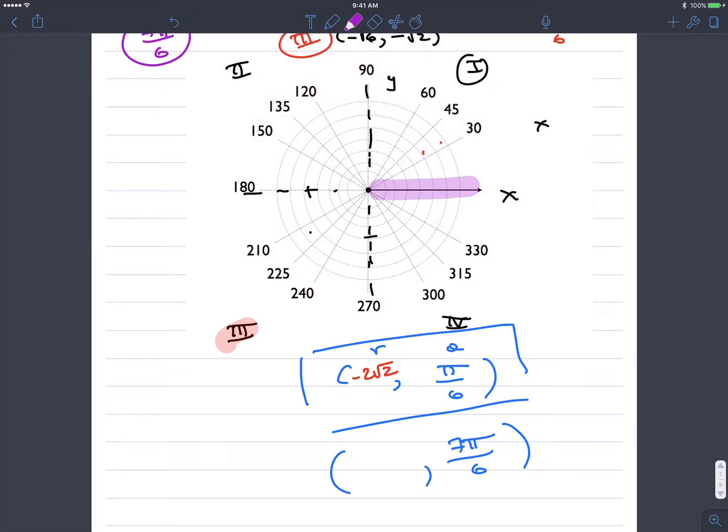Polar axis, where's 7 pi over 6? Oops, sorry. Pi over 6 is 30 degrees, is that right? 210. This is where your angle of 7 pi over 6 would be.